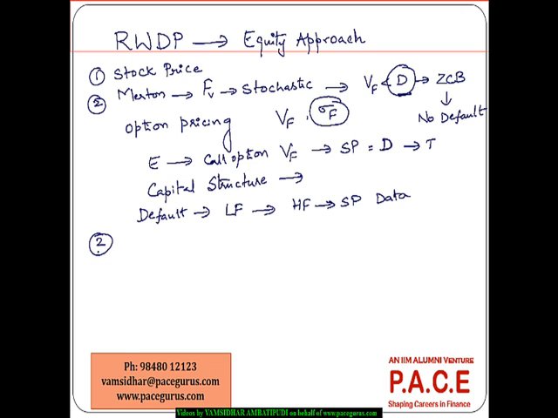Of course, there are lots of limitations associated with the Merton model, and we know that the KMV model had tried addressing some of them.